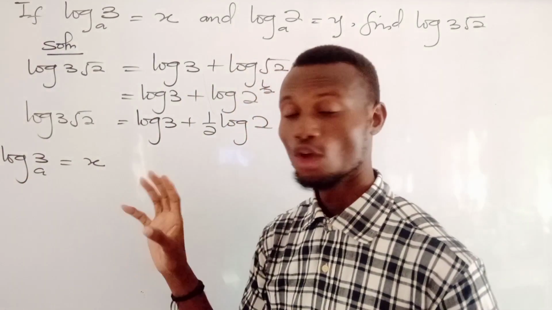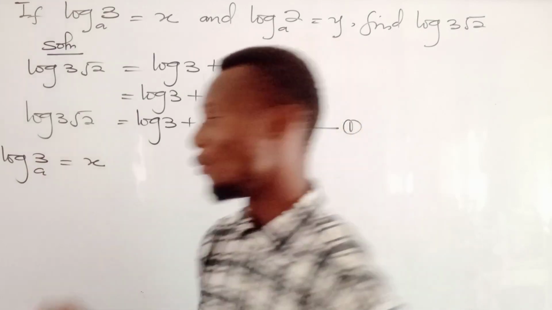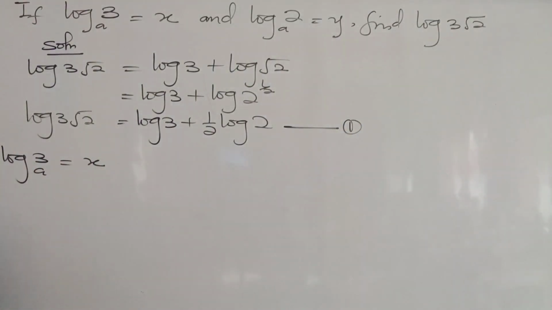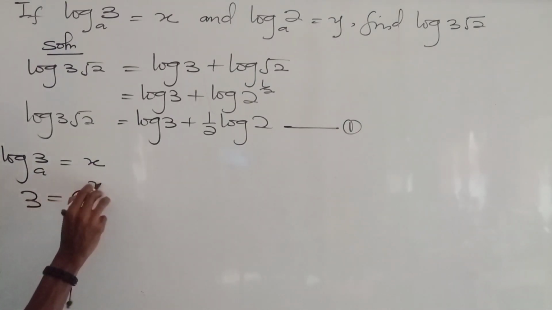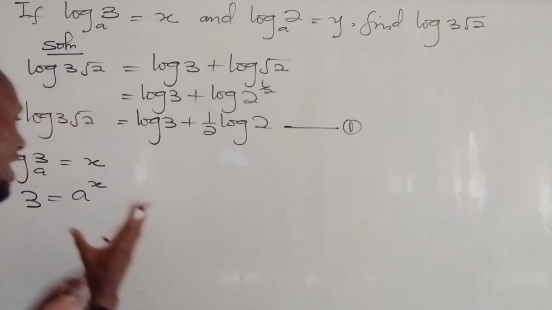The law says that having log 3 to the base a equals s, we can write it as 3 equals a to the power s. And I'm going to explain why we arrive at this.